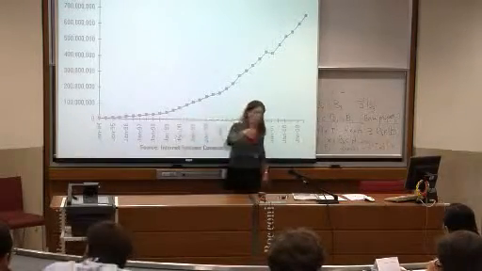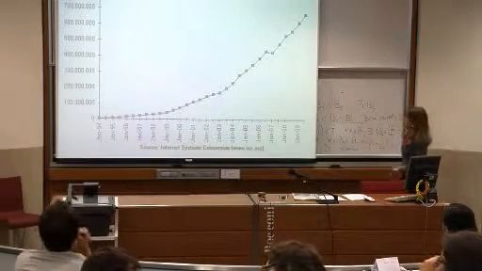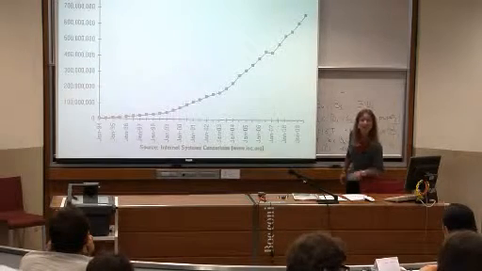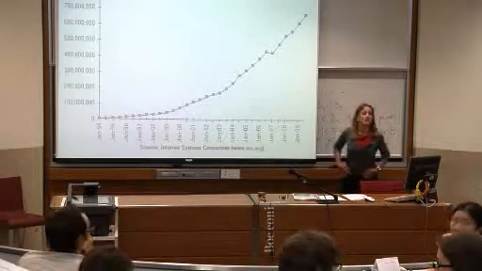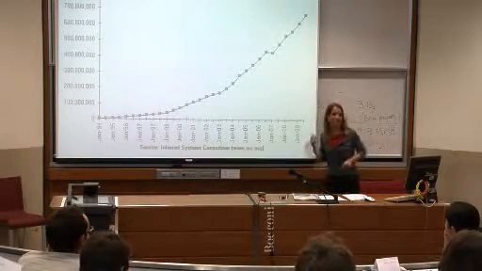This is 2000. This is when the number of Internet domain survey hosts started to increase. How many? Yes? I'm wondering, what does this exactly mean? I'm not familiar with the technical term host.